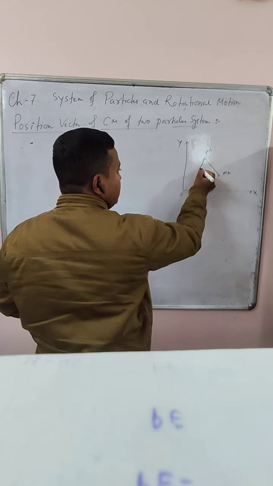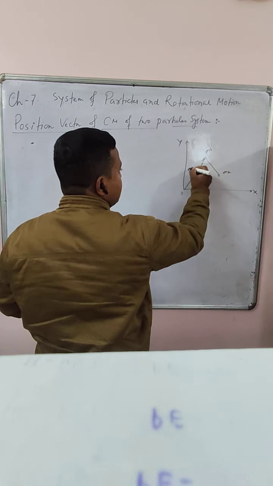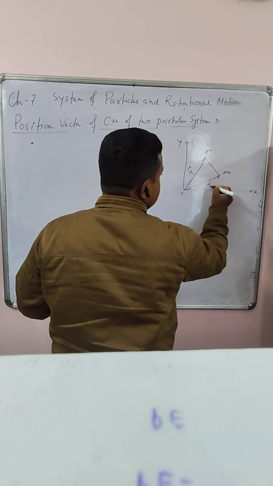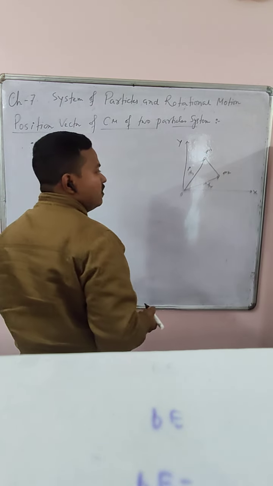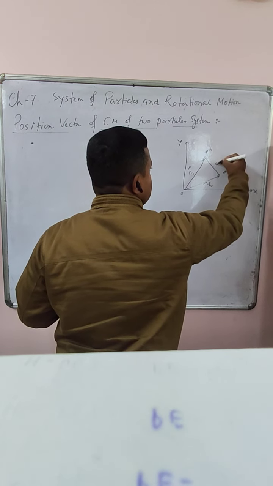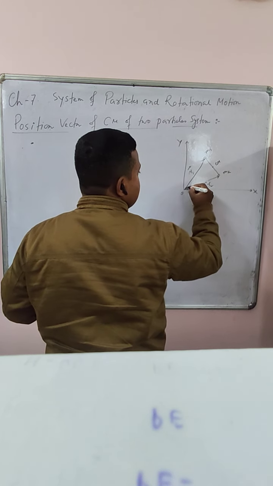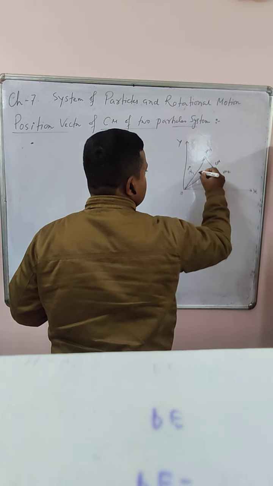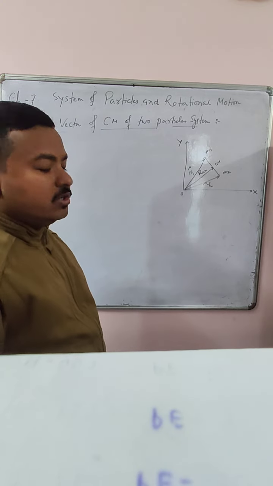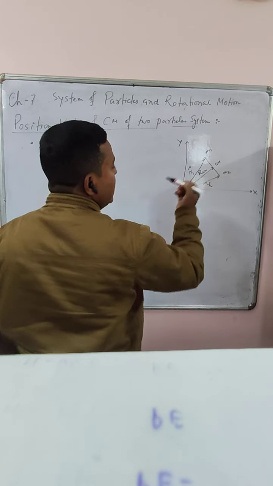The position vector of mass m1 is r1, and the position vector of mass m2 is r2. Now suppose this is the location of the center of mass. We want to find its position vector, say R_CM, the position vector of center of mass. We have to calculate it in terms of m1, m2, r1, r2.